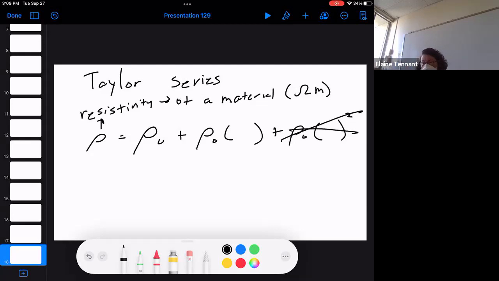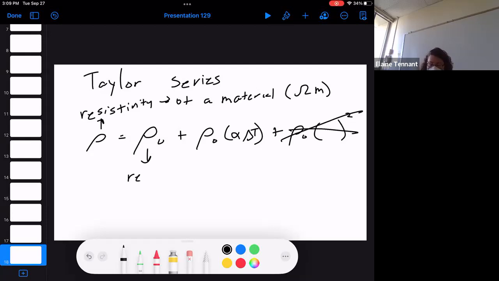What's going to go inside this parentheses is a delta T. So there's our temperature dependence. We're also going to multiply this by an alpha. What this means is that this is the resistivity of something at a base temperature.